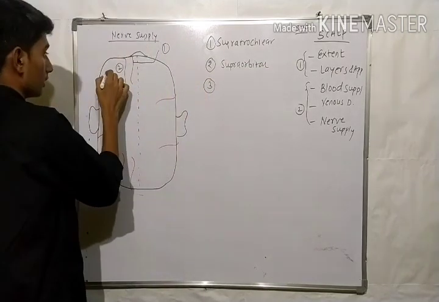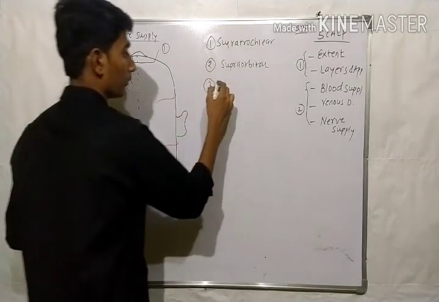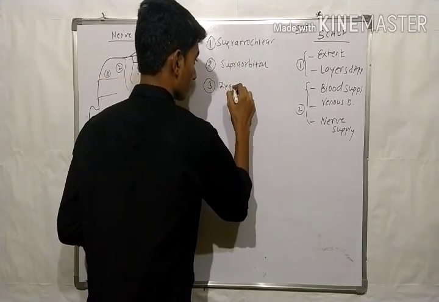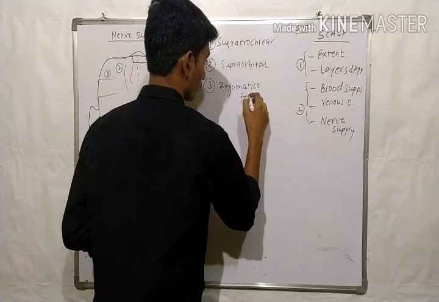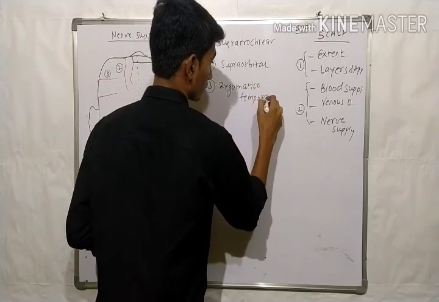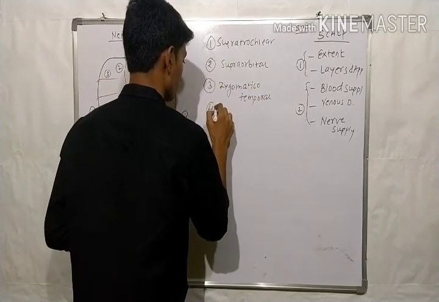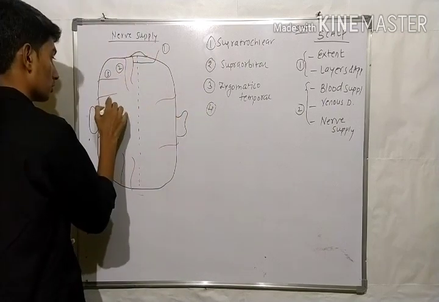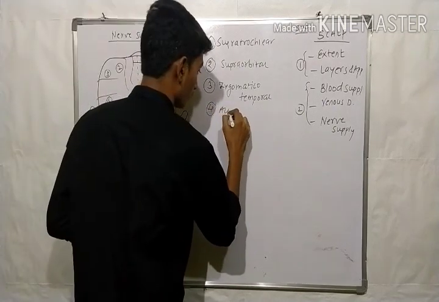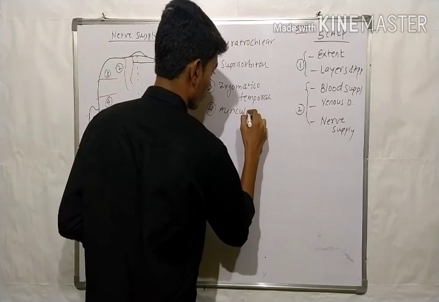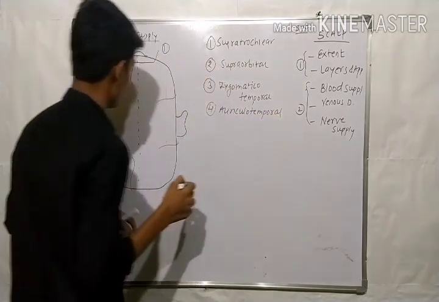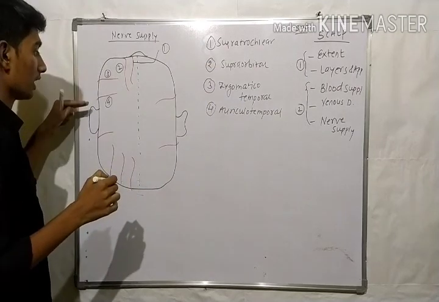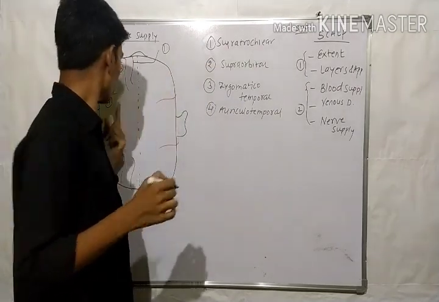Third, zygomaticotemporal. Fourth, auriculotemporal. These 4 sensory nerves are in front of the auricle.